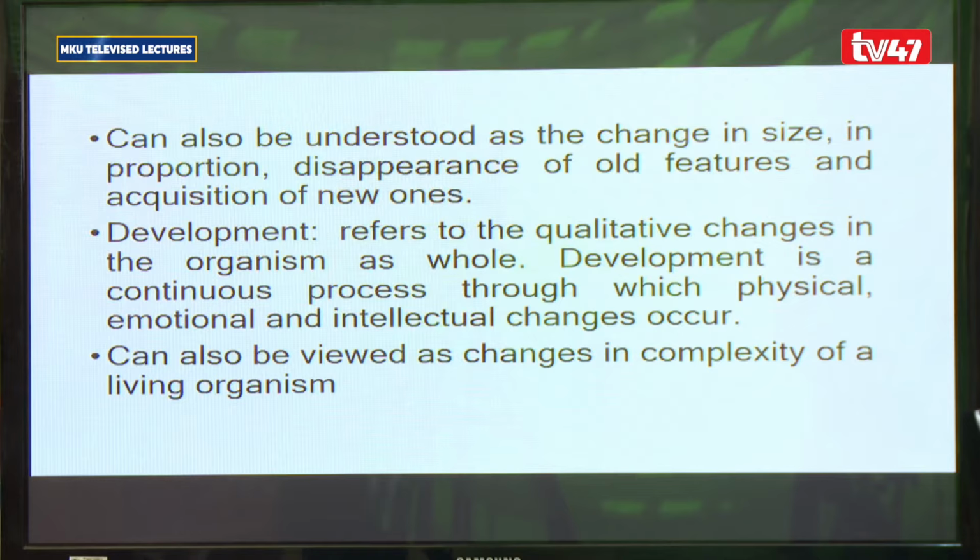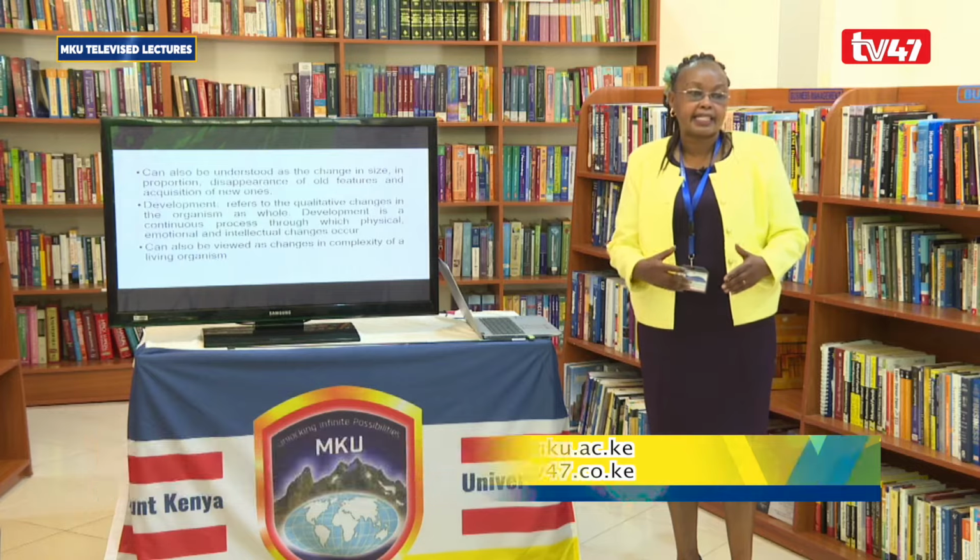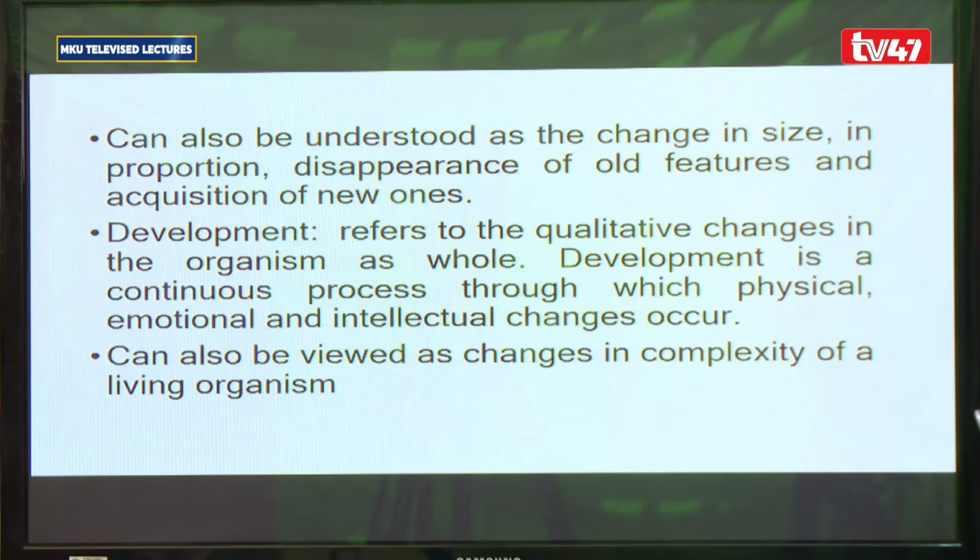And when we say a living organism is getting complex, it simply means that there were functions that living organism could not perform, but as it is developing, it is able to develop appropriate abilities for it to be able to cope with the changes that are there.